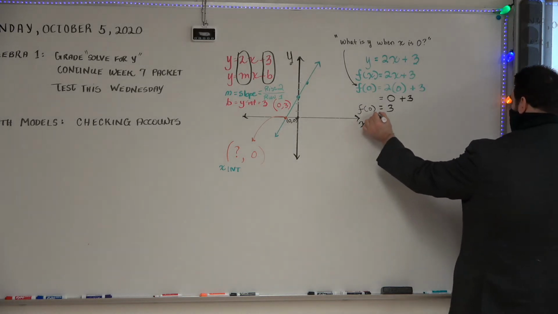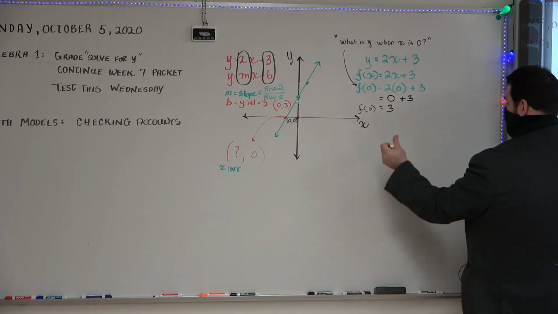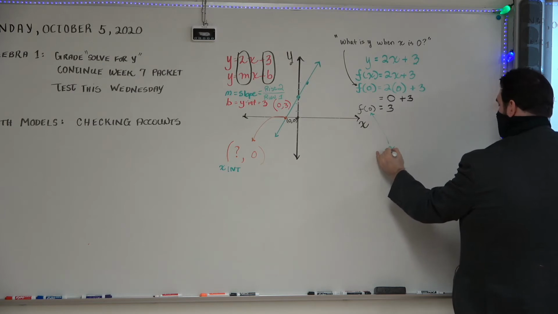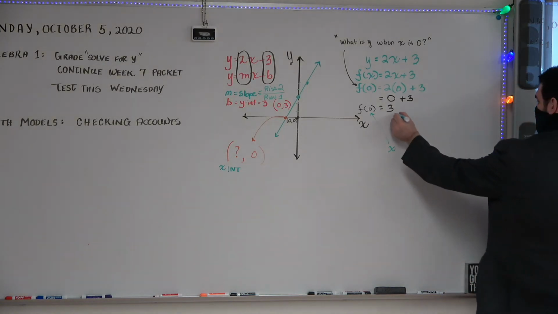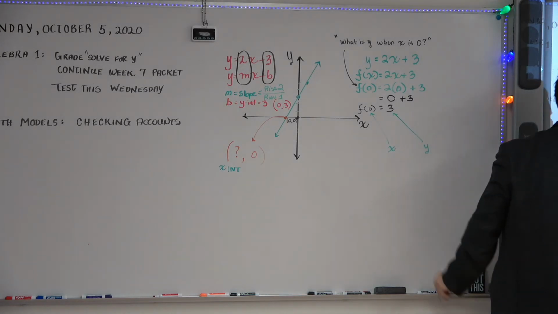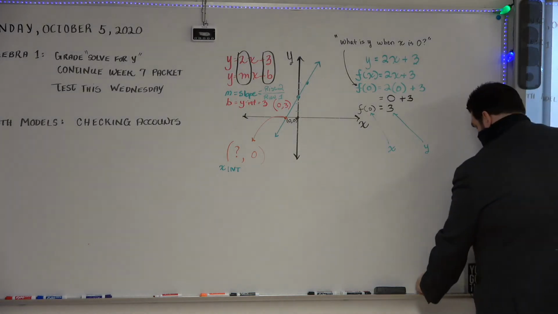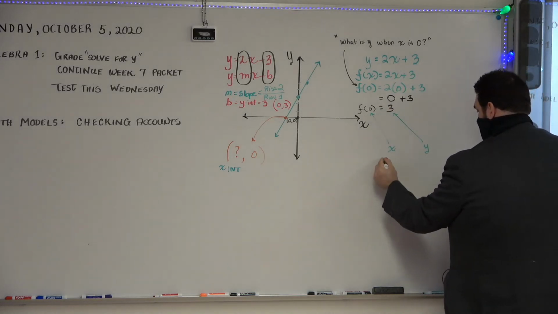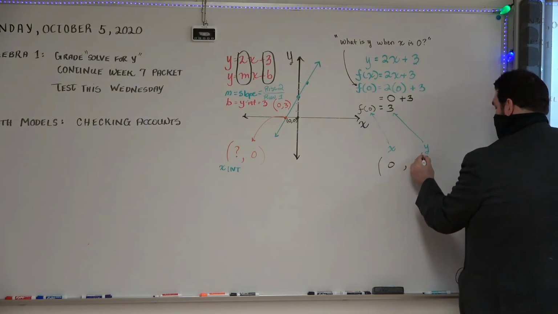In coordinate notation, here's how you write that. This is the x, okay? The 0 is the x. This is the y. The 3, the output, the thing you evaluated it to be, is the y. So the coordinates are 0, 3.